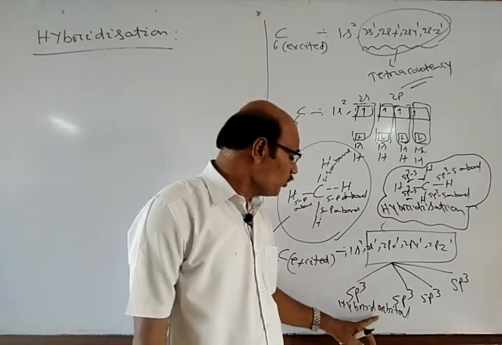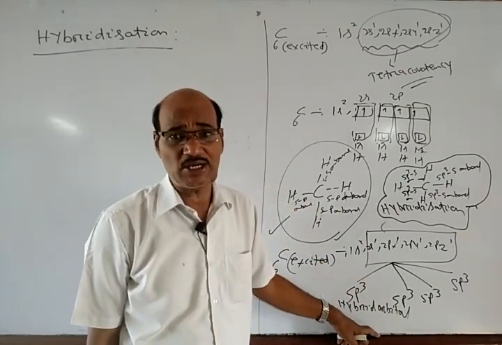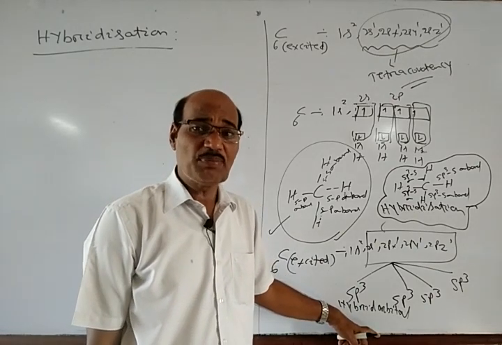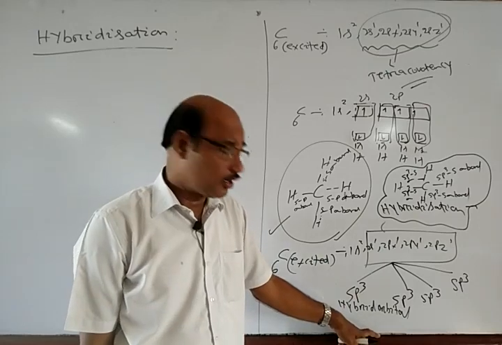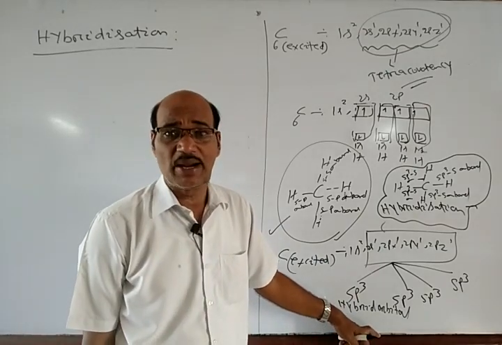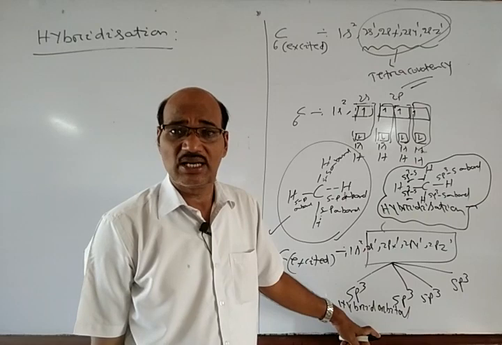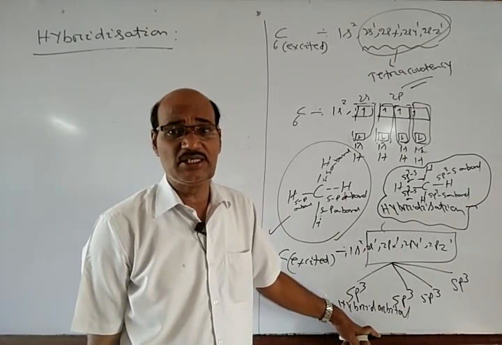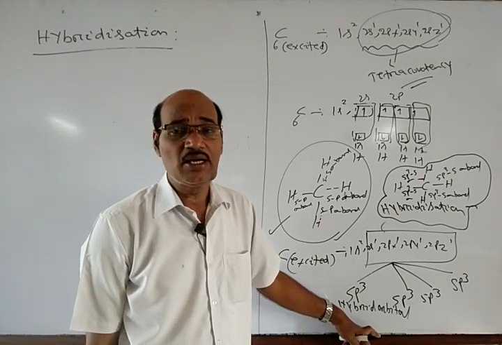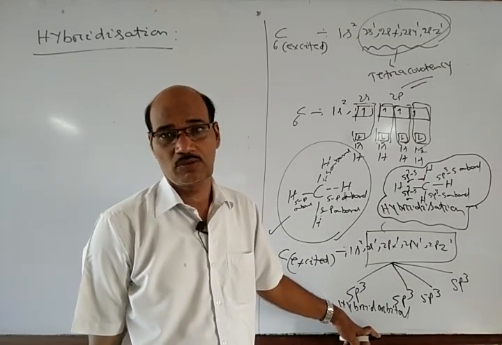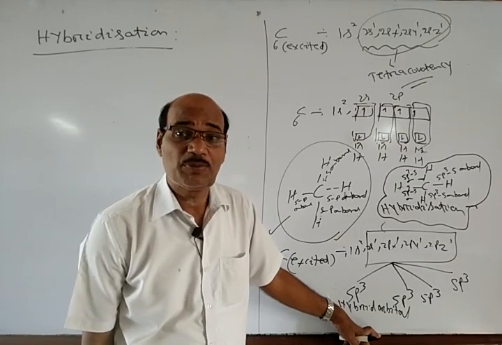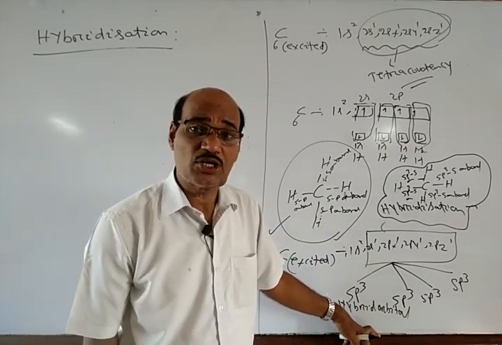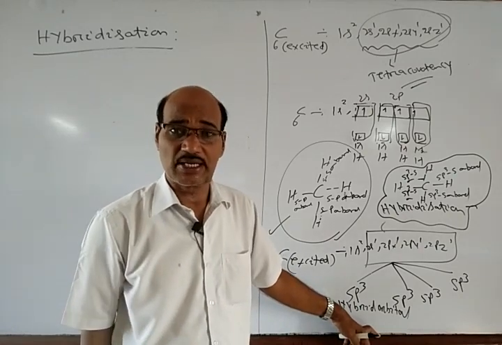Here you see, when you go for sp3, it contains s character 25% and p character 75%. Depending upon the number of orbitals taken, the hybridization can be sp3, sp2, sp, sp3d, sp3d2, sp3d3, and also dsp2. These are the different kinds of hybridization depending upon the type and number of orbitals which we have taken.